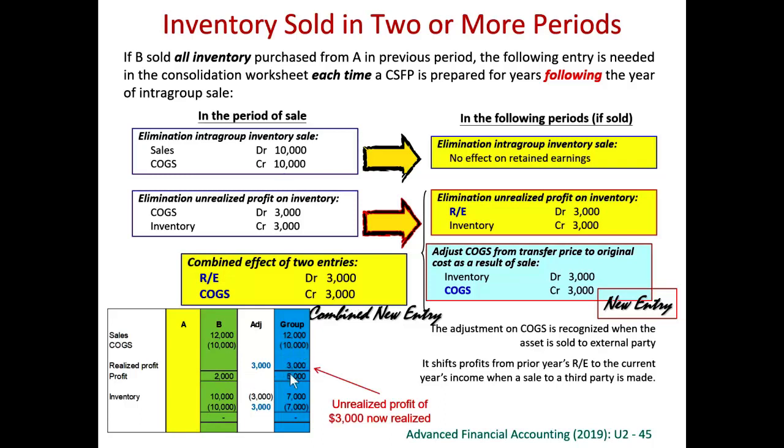So this is 7,000, and we realize all the 5,000 now, and we have successfully sold all the inventory. One further complication, as we have said before: this consolidation adjustment will affect the deferred tax implication, because you debit retained earnings for deferred tax implication.